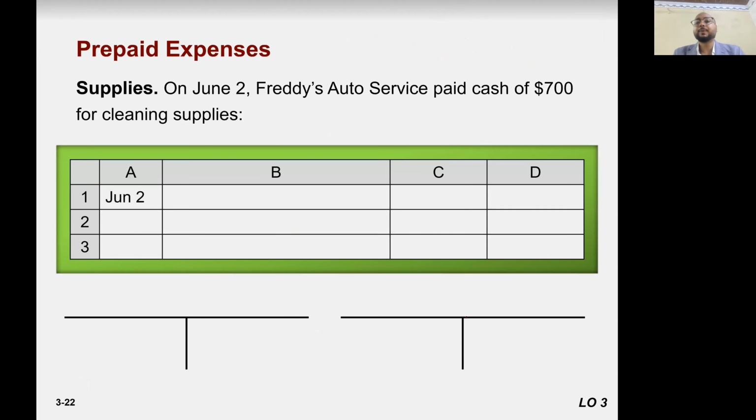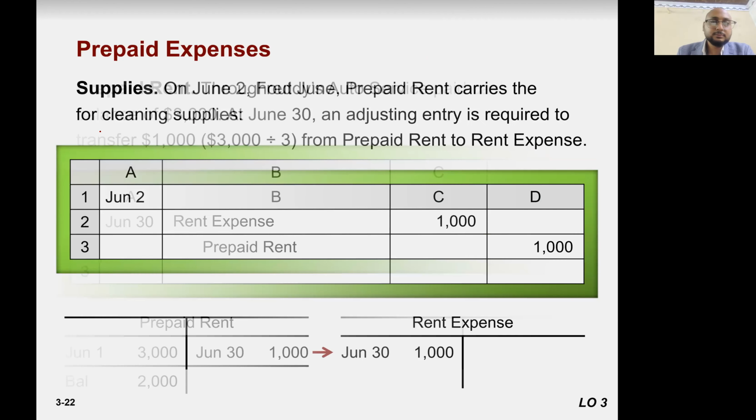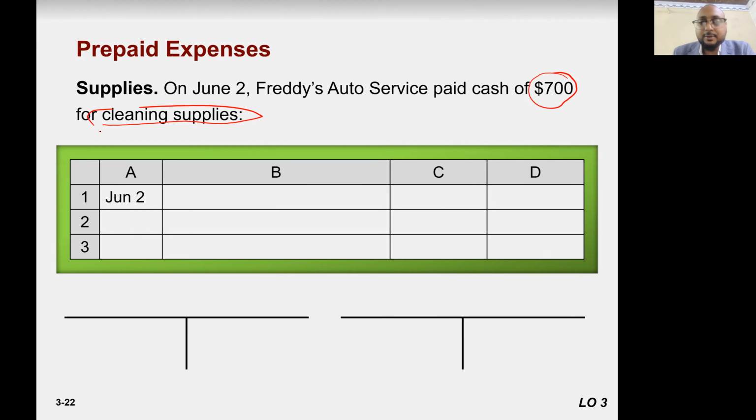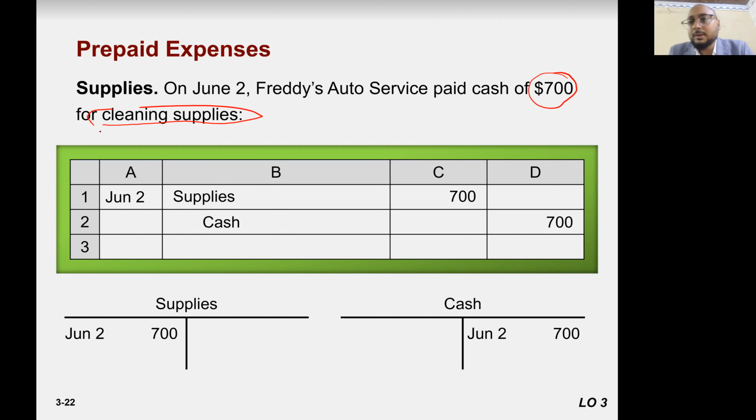Let's move further. On June 2, Friday Auto Service paid cash of 700 for cleaning supplies. For cleaning, what is the entry? Supplies to cash.